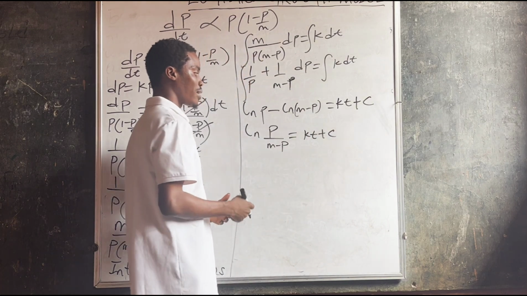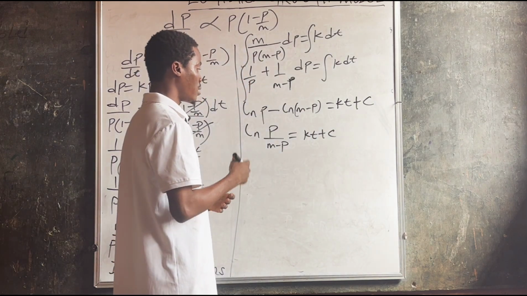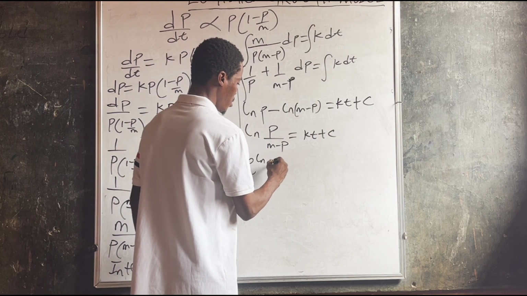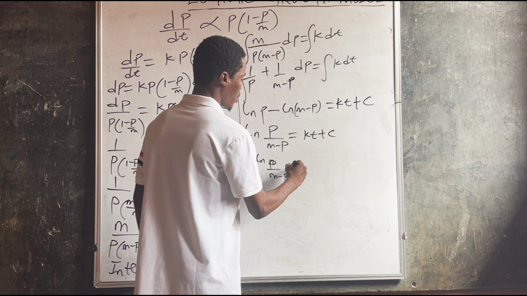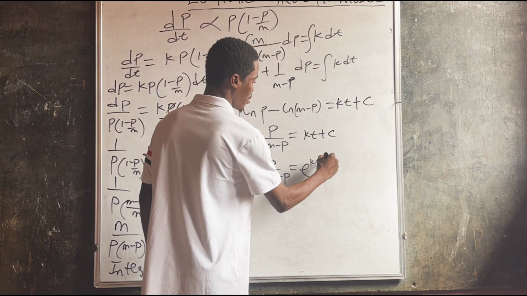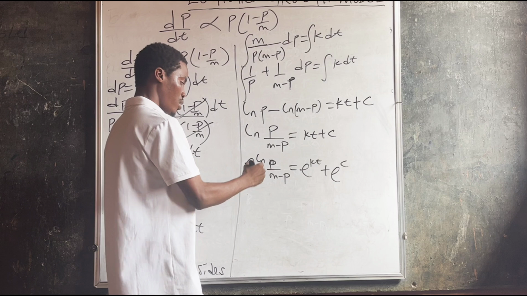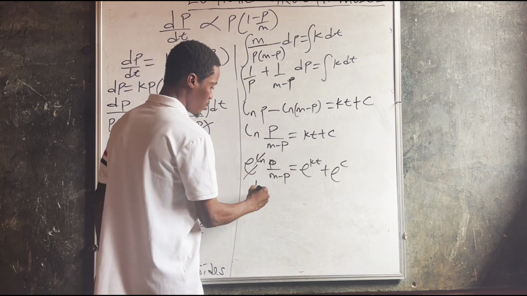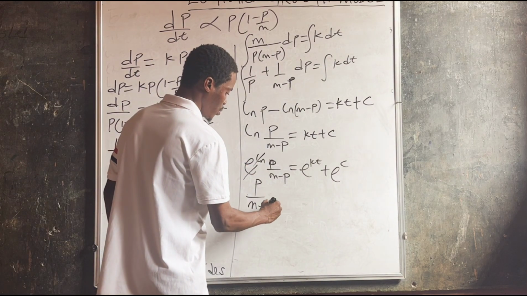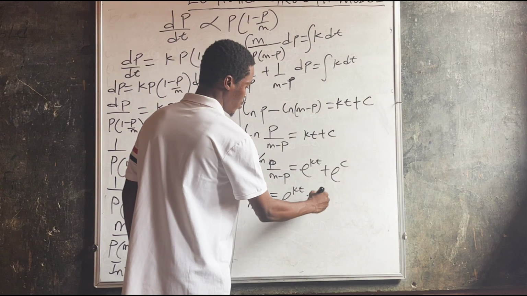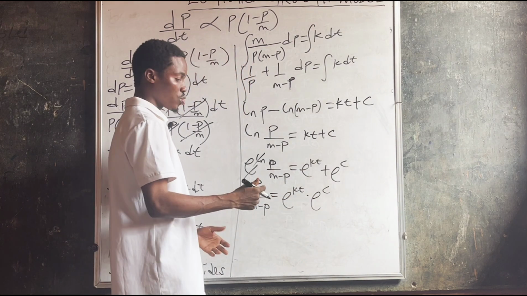For me, I can take the exponential of both sides. Taking an exponential of both sides, I'm going to have e^(ln(p/(m − p))) is equal to e^(kt + c), that is e^(kt) times e^(c) according to laws of indices.